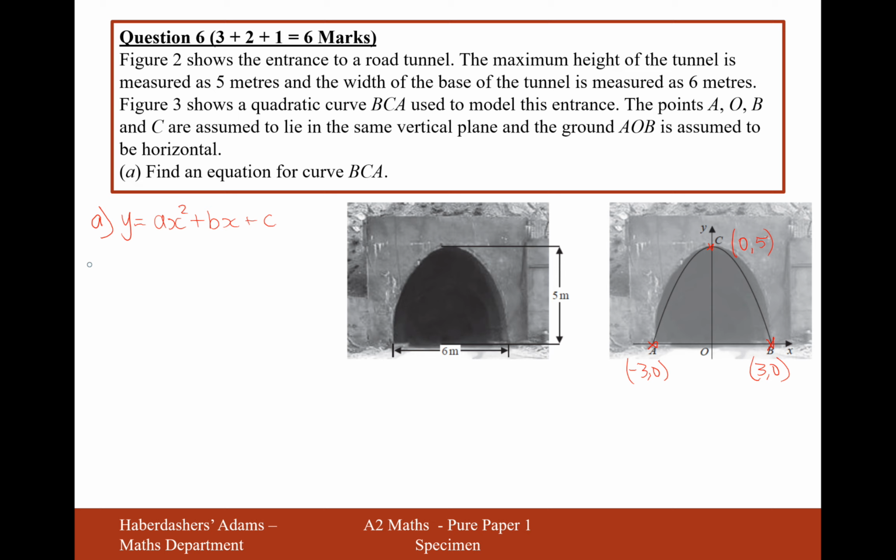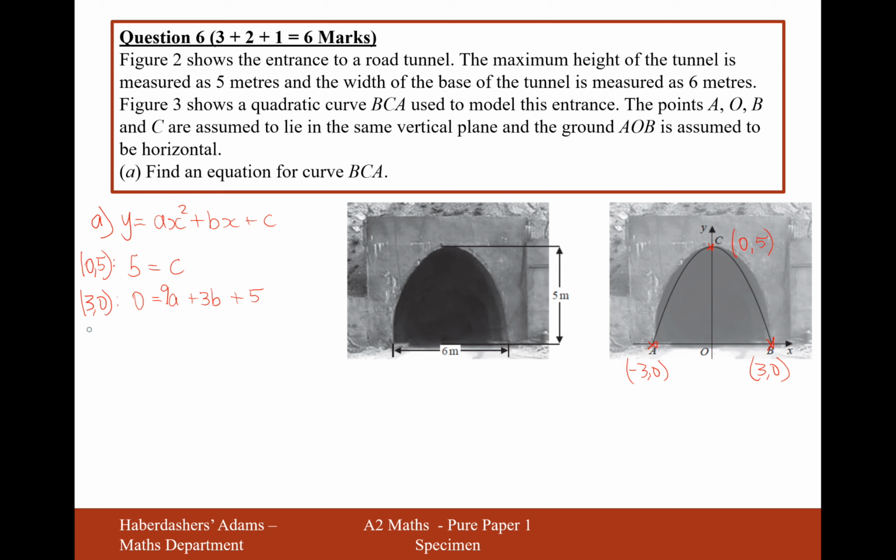So let's use the (0, 5) coordinate first. The x coordinate is 0, so it's just going to be c, and the y coordinate is 5, so we definitely know that c is equal to 5, and I'm going to use that going forward. Let's now use the coordinate B, (3, 0). Plugging this in, 0 equals a times 3 squared, so that's 9a, plus b times 3, so 3b, and then plus 5.